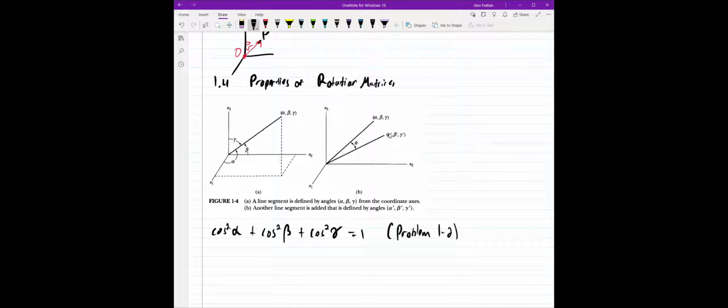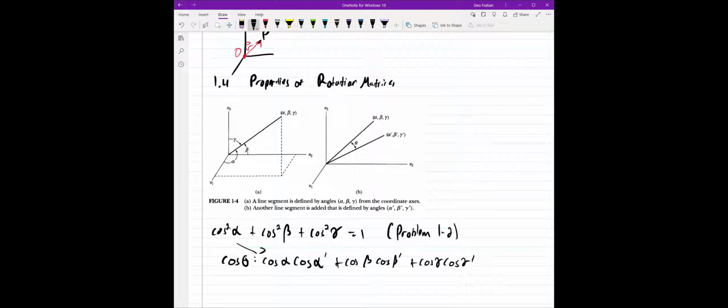So that lets us write that cosine of theta is equal to cosine of alpha times cosine of alpha prime, plus cosine of beta times cosine of beta prime, plus cosine of gamma times cosine of gamma prime. And that basically tells us how the transformation is going to work from an angle perspective.